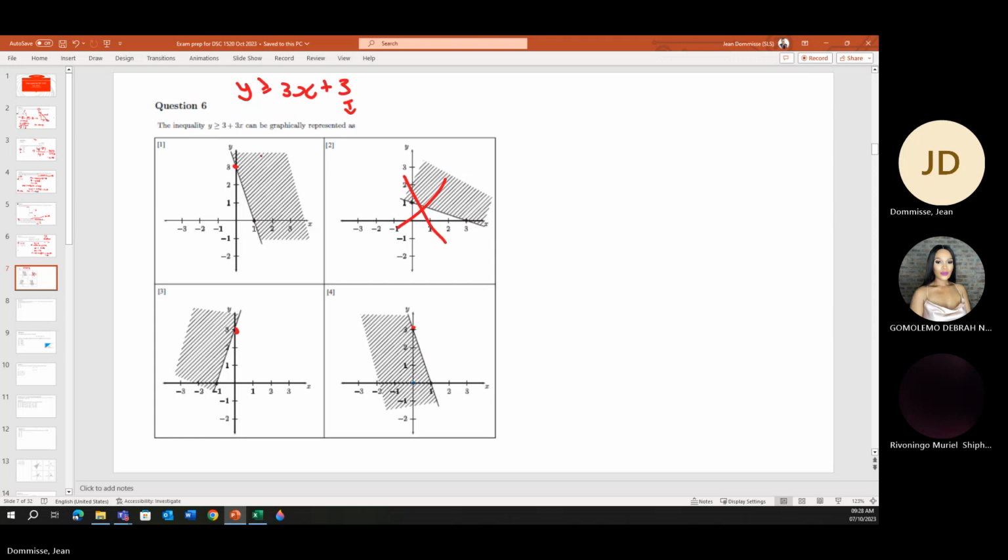Okay, then if I look at the sign, the sign says it's positive. This is a negative slope. This is a negative slope. So the only one that is a positive slope is this one. So let's see if we substitute some numbers, if we also get to this one. So I would have just chosen 3, and we know that is bigger.